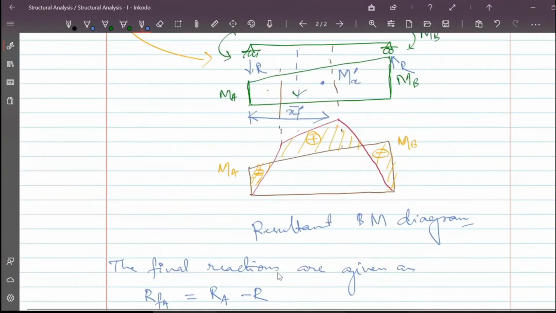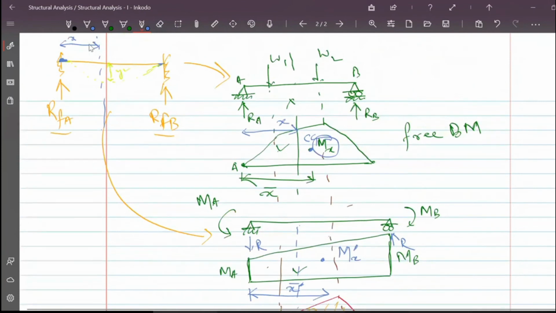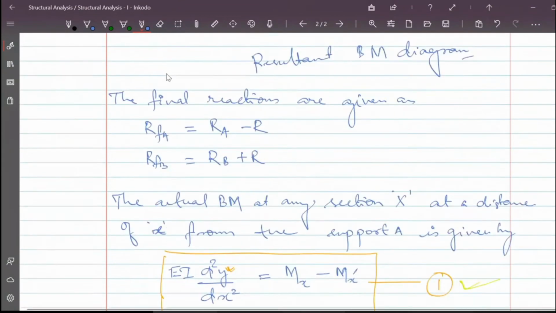Now, when we consider x equals L, at this point also the dy by dx value, that is the slope, is 0.